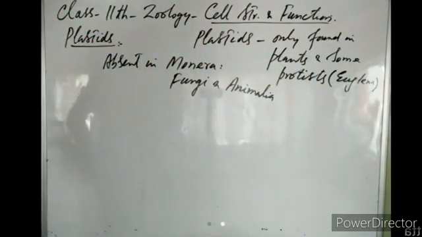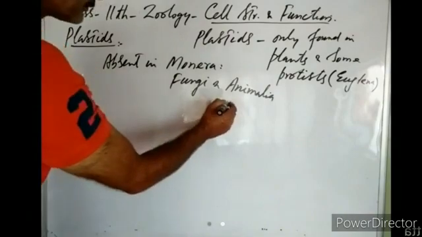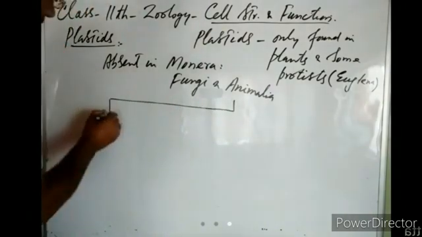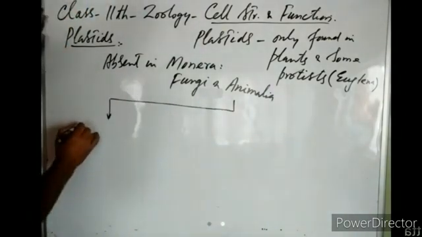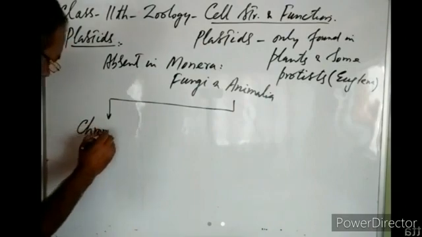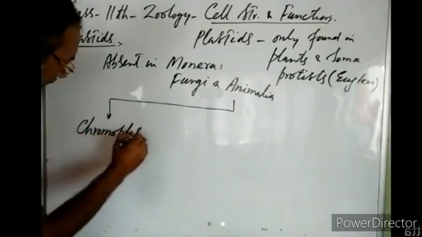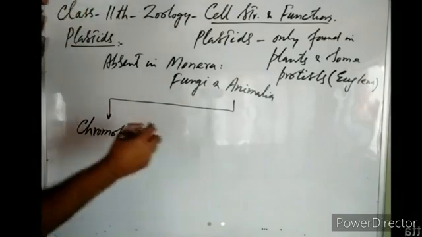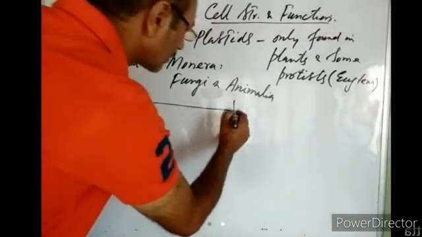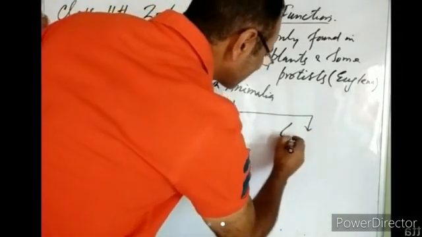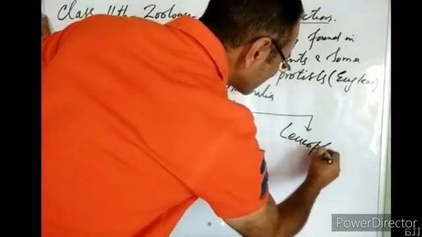These plastids are of two main types: chromoplasts and leucoplasts. Let's make it simple.